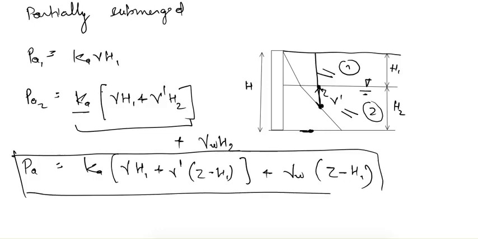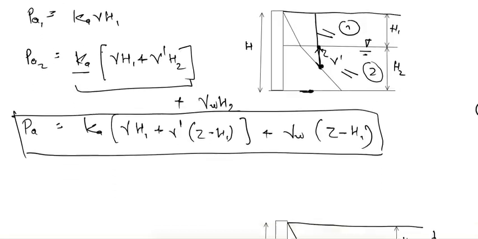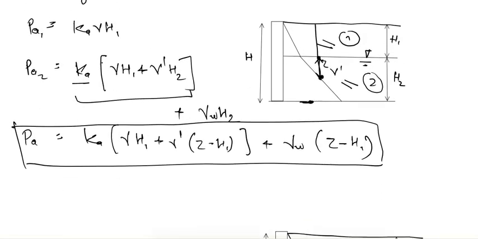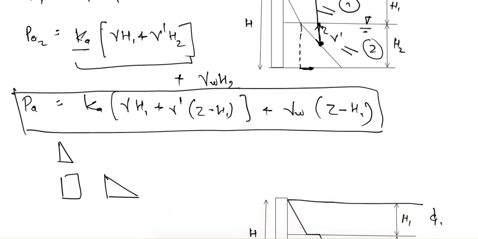This is for the pressure, and if you want to find out the force, we can divide it into parts. The first part will be triangular, below this we can take it as rectangular, and here one more triangle. In this part the value is Ka gamma H1 and this depth is H1.